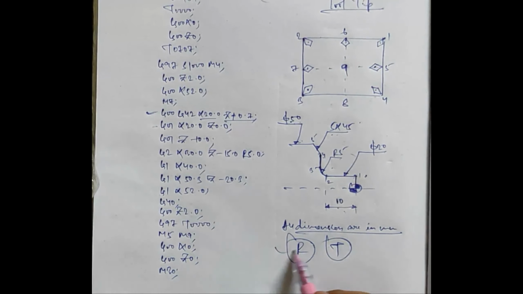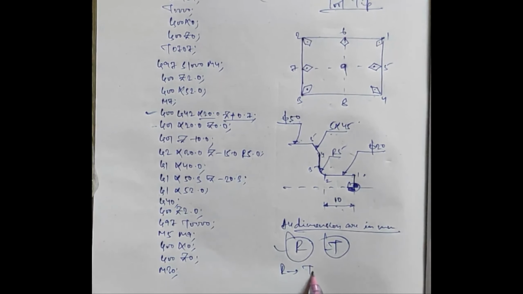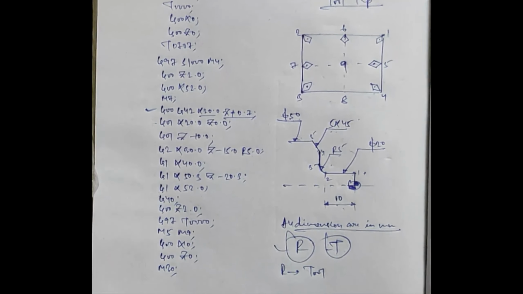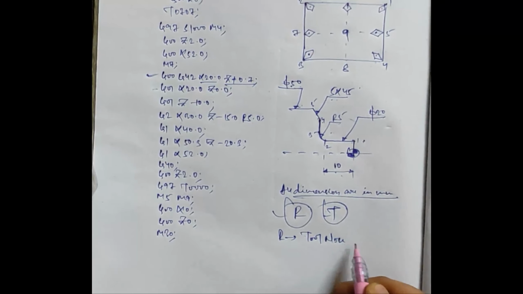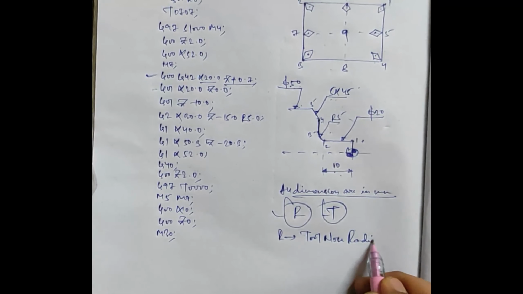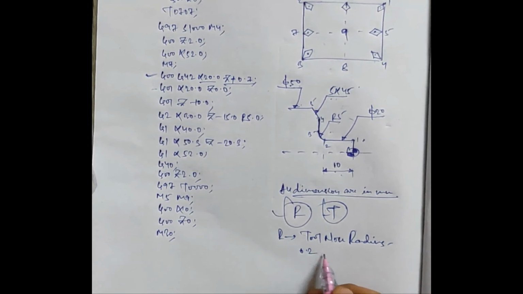So these two things are important. R is the tool nose radius. For finishing, we generally take 0.2 mm.